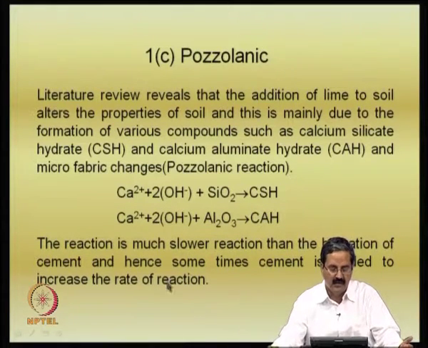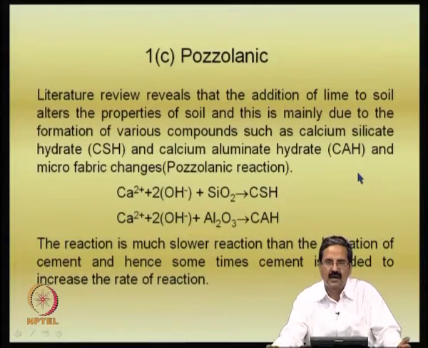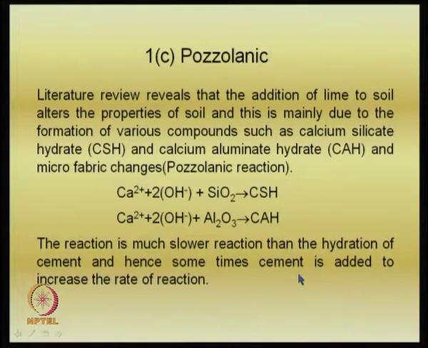So, this is one important reaction, and the formation of the compounds is a very valuable addition to the actual response. Sometimes what we do is that we also add a bit of cement, because we know that cement reacts faster, and the formation of compounds is much faster compared to soils.